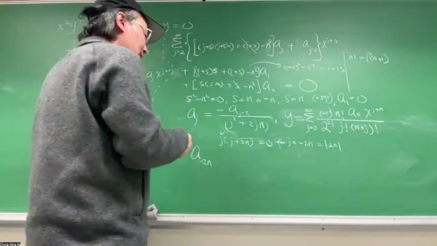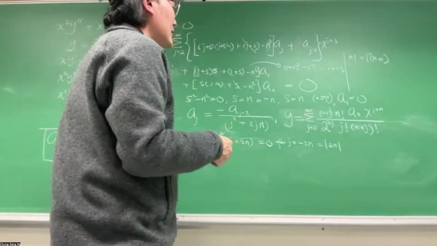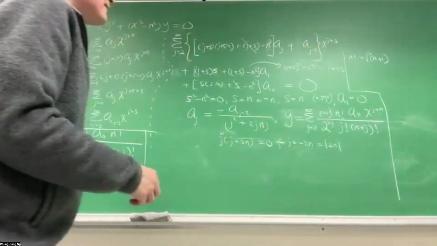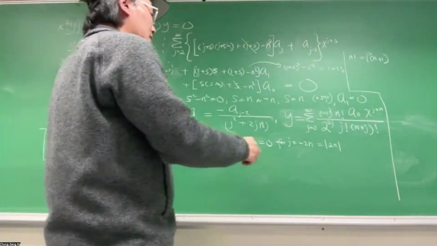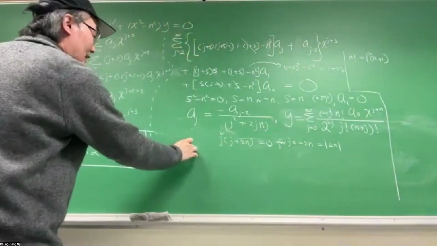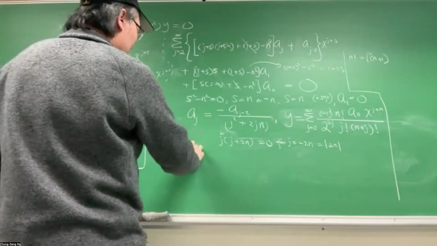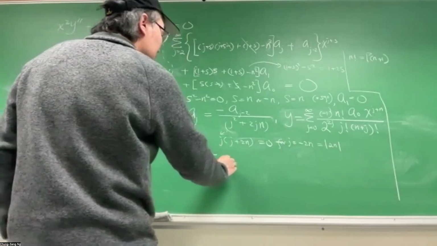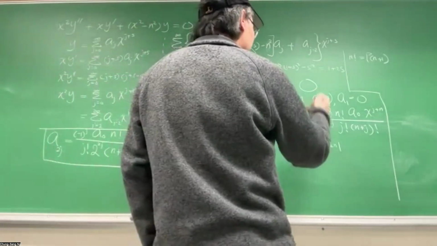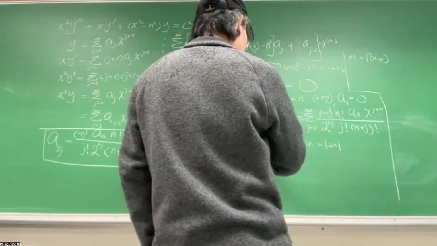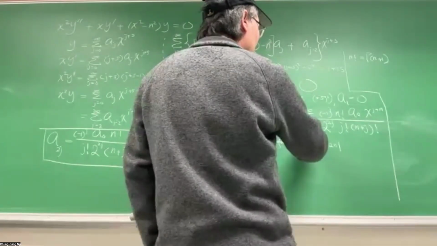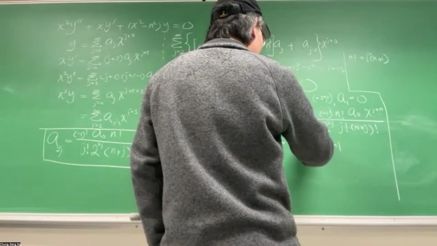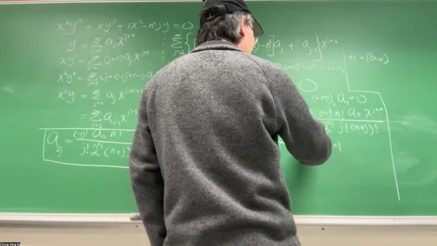And so that is the negative integer case. In that case, we can write that kind of solution, say y, where we start with j from minus 2n, which is a positive number.